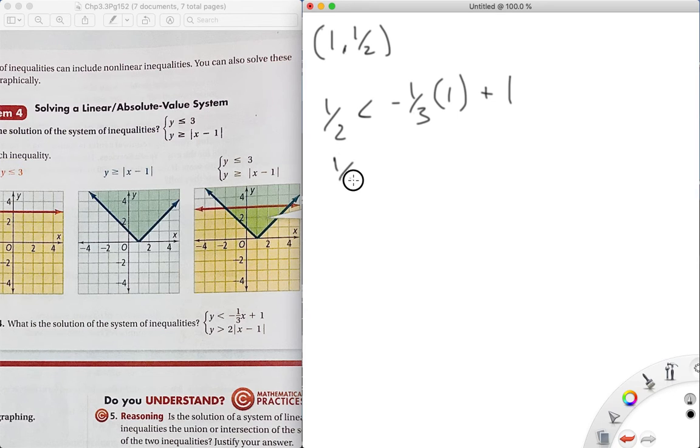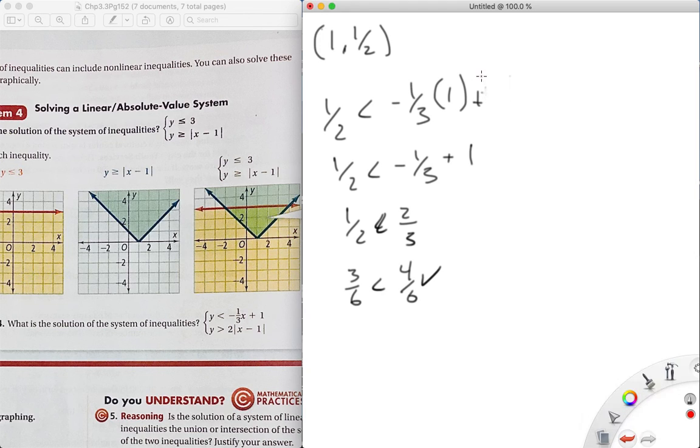So 1/2 is less than 2/3. So this is 3/6 and this is 4/6. So that checks on that side.